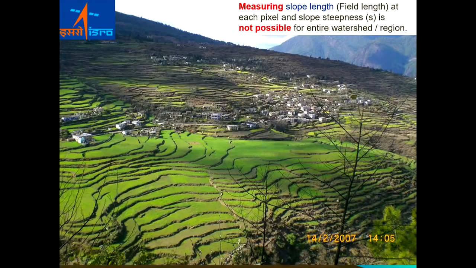So in GIS a functionality has been developed using the flow accumulation map, which I will talk about today also. With the flow accumulation map you can generate a field length map, or we can say the slope length. So this problem we can solve using GIS. In GIS, L and S factors both can be generated very easily, which is very tedious if you go for measuring each field.